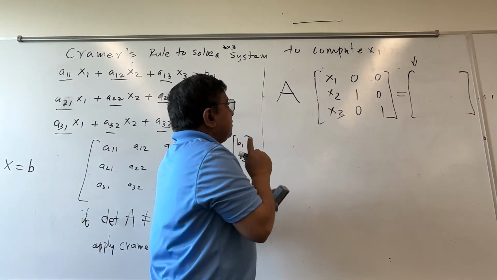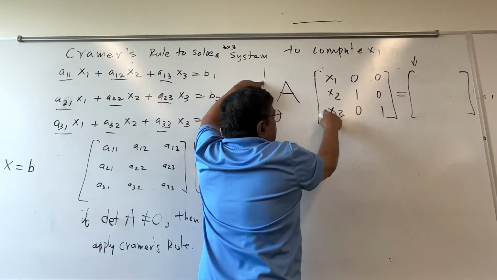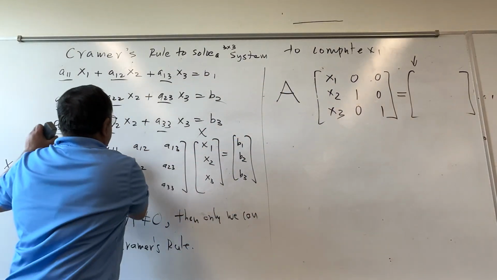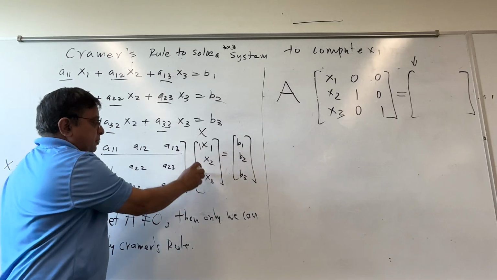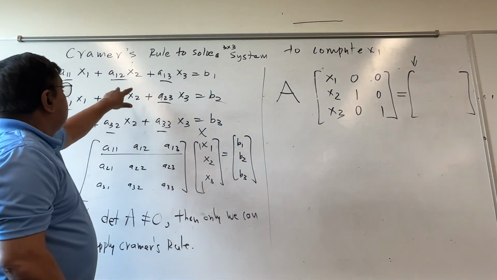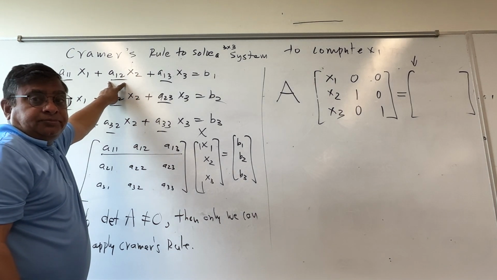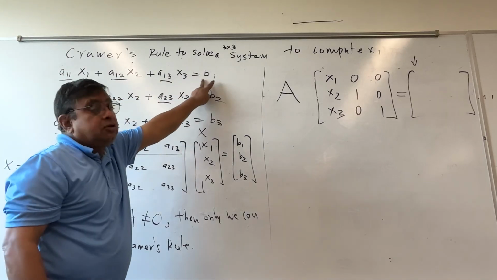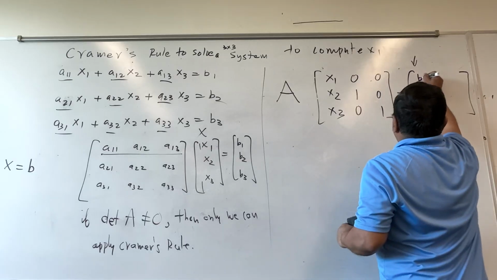To compute the first column, you take the first row here and multiply by the first column. The first row is A11, A12, A13, and multiplying by the first column will give you exactly the left-hand side. That would be the entry, which is equal to b1. So the first entry would be b1.